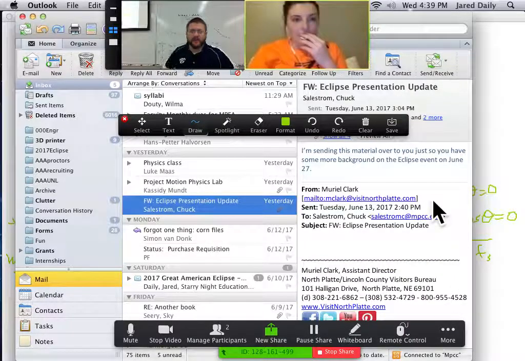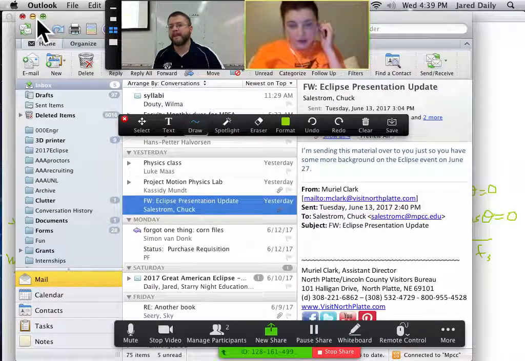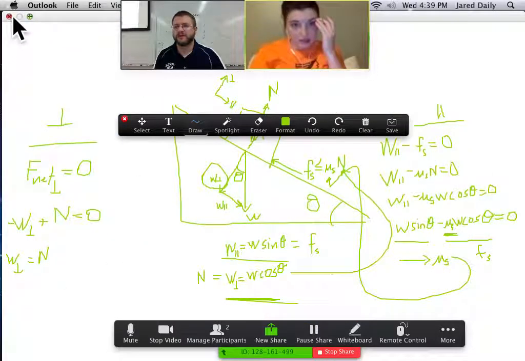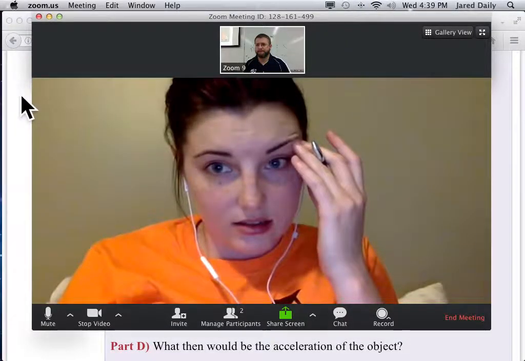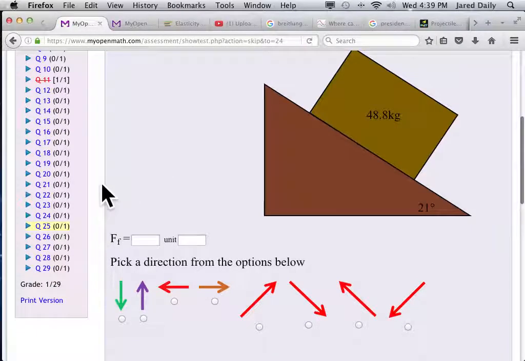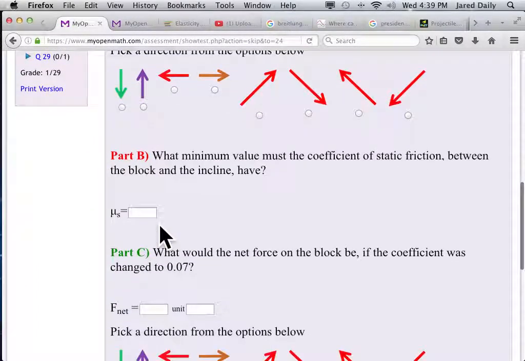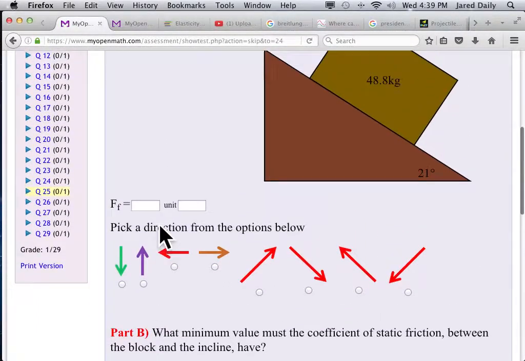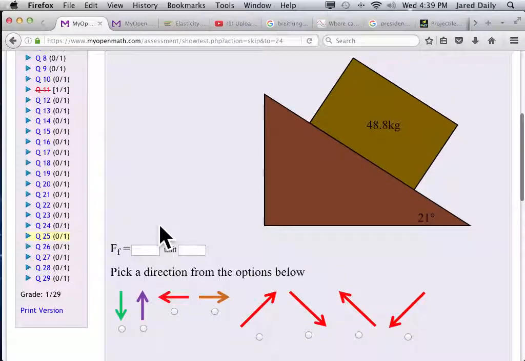Can I have you check one of my numbers on 25 for me? Sure. 25. Okay, which one? The first one, the force of friction, I got 153.12. What's your angle? 19.7.